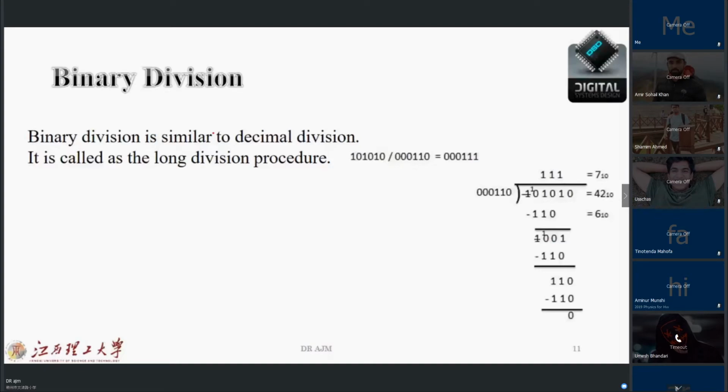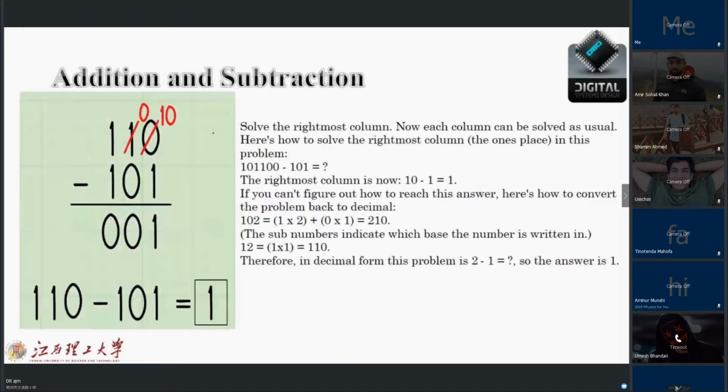Suppose I want to divide 42 by 7 in decimal, and I show the process here. But mainly we are not much concerned with the division of binary in our series of lectures. I just wanted to show you that we also have division in the binary system.